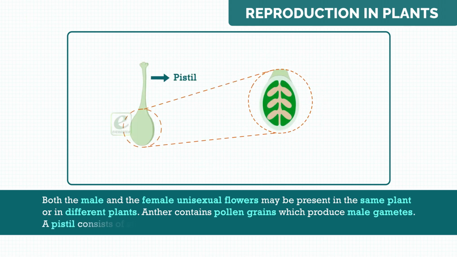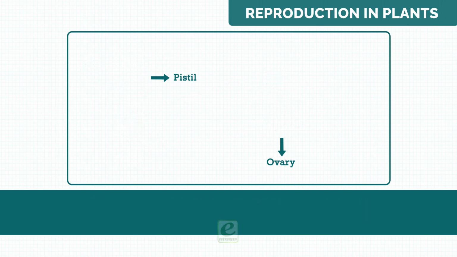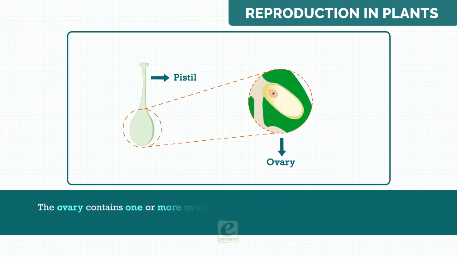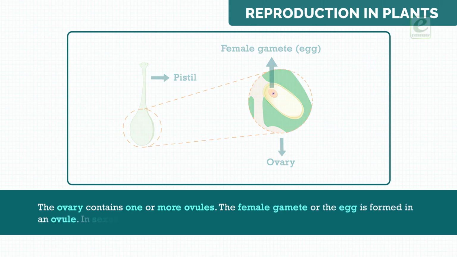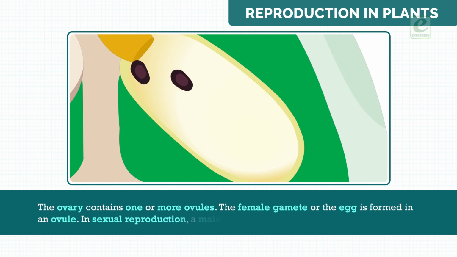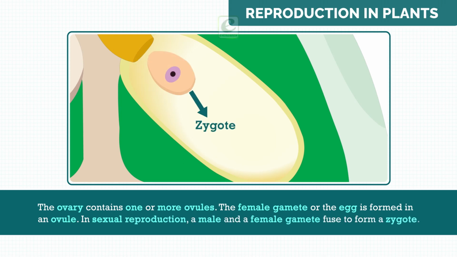A pistil consists of stigma, style, and ovary. The ovary contains one or more ovules. The female gametes or the egg is formed in an ovule. In sexual reproduction, a male and a female gamete fuse to form a zygote.